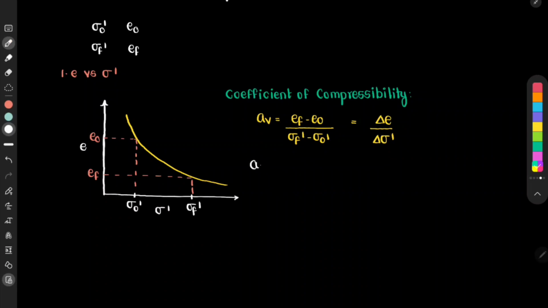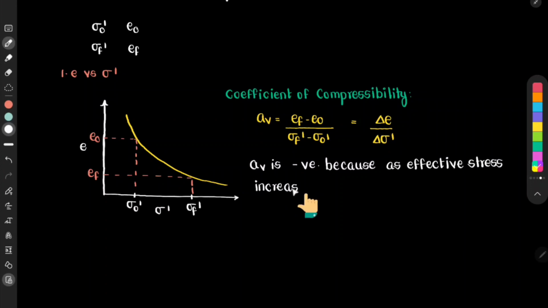Note the point, AV is negative because as effective stress increases, void ratio decreases. So that's why coefficient of compressibility, AV, is negative.